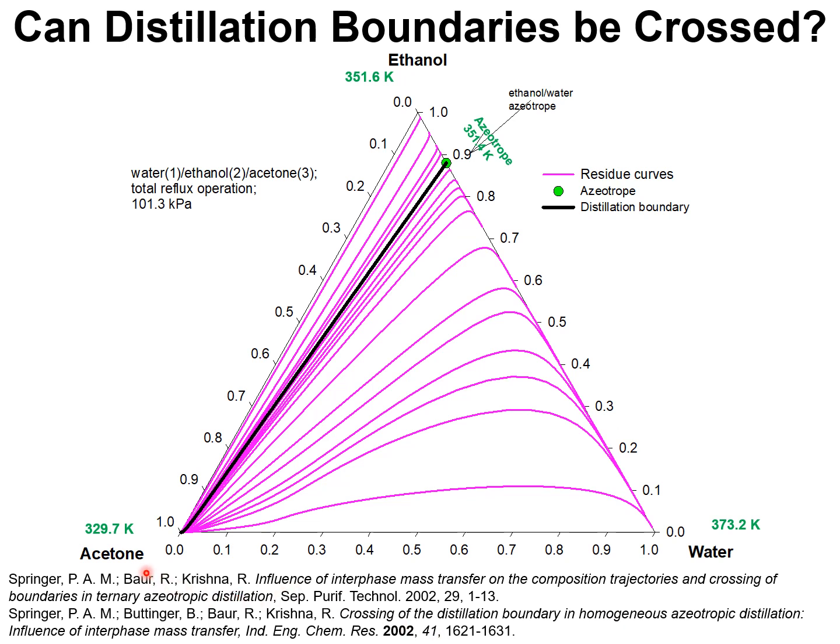Let's take a specific example of a ternary mixture of acetone, water, and ethanol. Acetone is the most volatile of the three components, with a boiling point of 329.7 Kelvin.